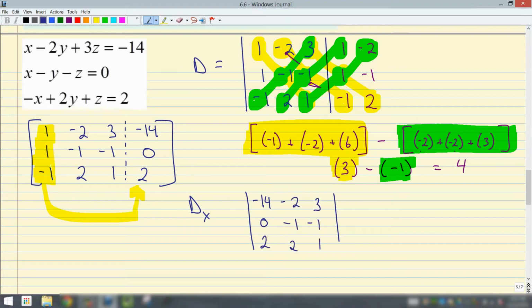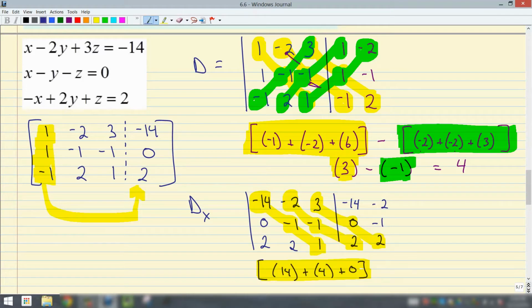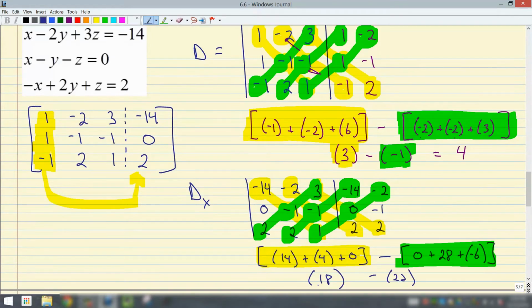Now, find the determinant. So we're going to use the same trick. Let's write the first column out wide, and we'll write the second column out wide. And now, starting in the upper left, you're going to multiply 1, 2, 3 diagonals that way. So let's do that. Negative 2, 0, 1, negative 14, negative 1, 2, 3, negative 1, 2. 18 minus 22, negative 4.